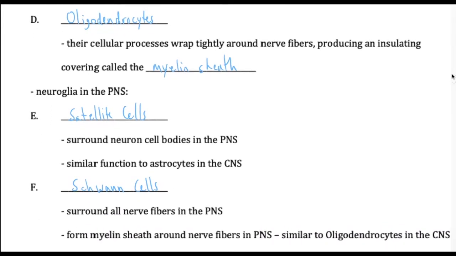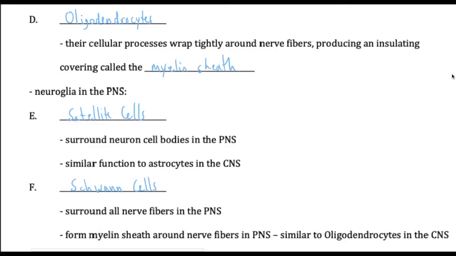I'll scroll down just a little bit for us. Now we have part D, the oligodendrocytes. Their cellular processes wrap tightly around the nerve fibers, producing an insulating covering, what we call a myelin sheath. This is going to help speed up our electrical impulses going down neurons, which we'll look at in a little bit.